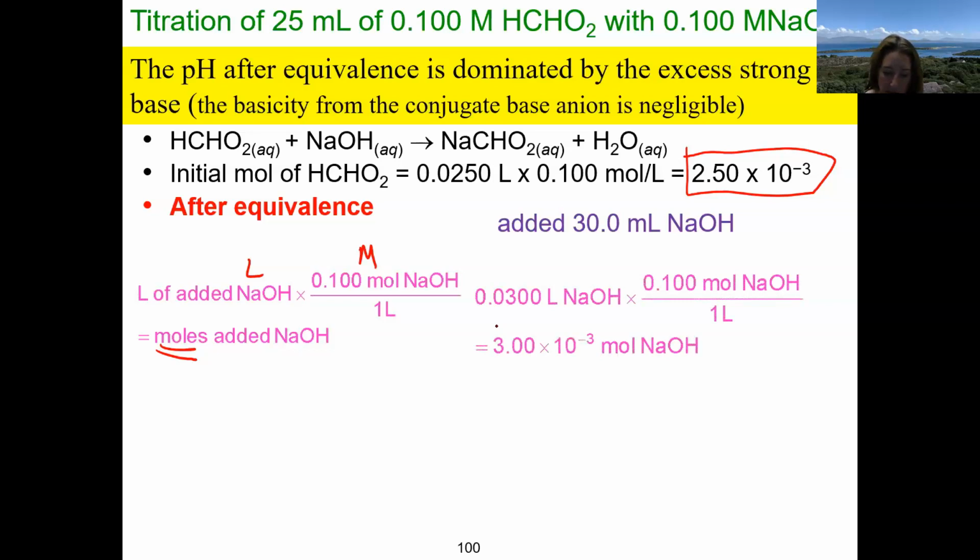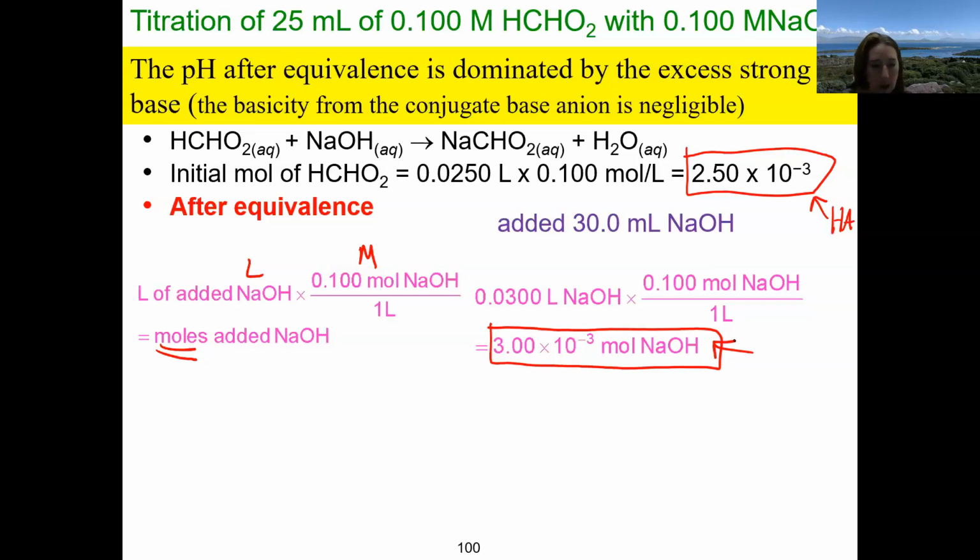So how many moles of NaOH do we have? We have 3 times 10 to the negative 3 moles of NaOH, which is more moles than our acid. So this tells us we are after our equivalence point, and we've got some of both acid and base.